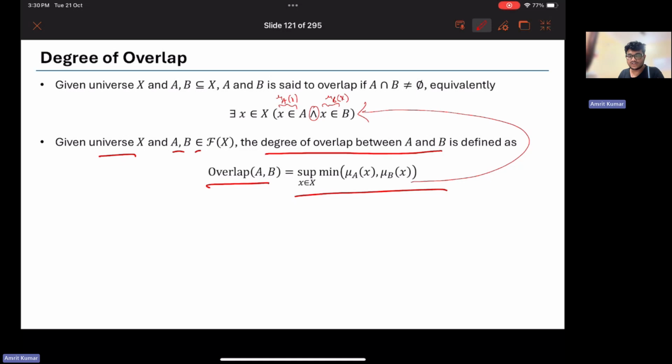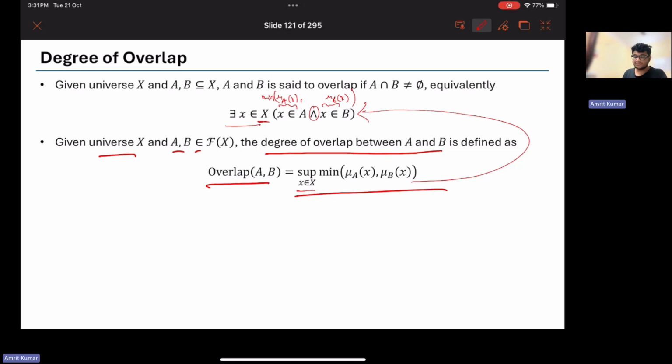We have a conjunction, so that becomes minimum. You could have taken any other t-norm, but I'm taking the minimum t-norm, as is the case. And the existential quantifier there exists translates to supremum, right? And the domain of quantification is our universe X, so therefore we take the supremum over X.